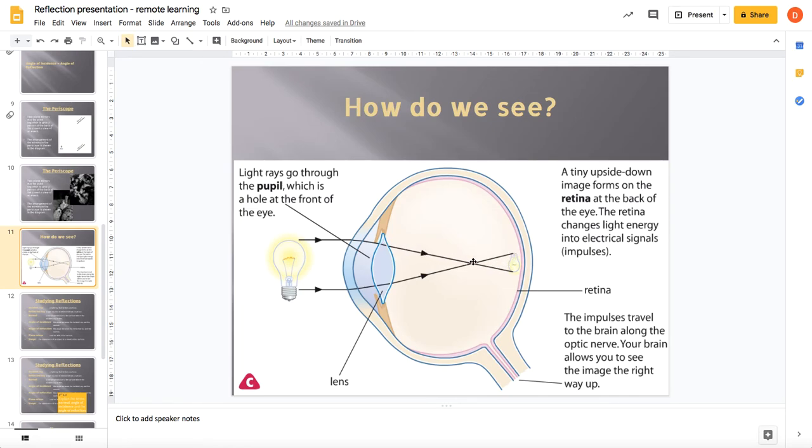In this case, this cross, if it was going to be a nice sharp image, where these rays meet needs to be here. But in this case, the image will be blurred because the rays are meeting before the retina, where all the light sensitive cells are. And here's the optic nerve, and this is where the nerve impulses go to the brain, and the brain makes sense of what the eye is telling it.